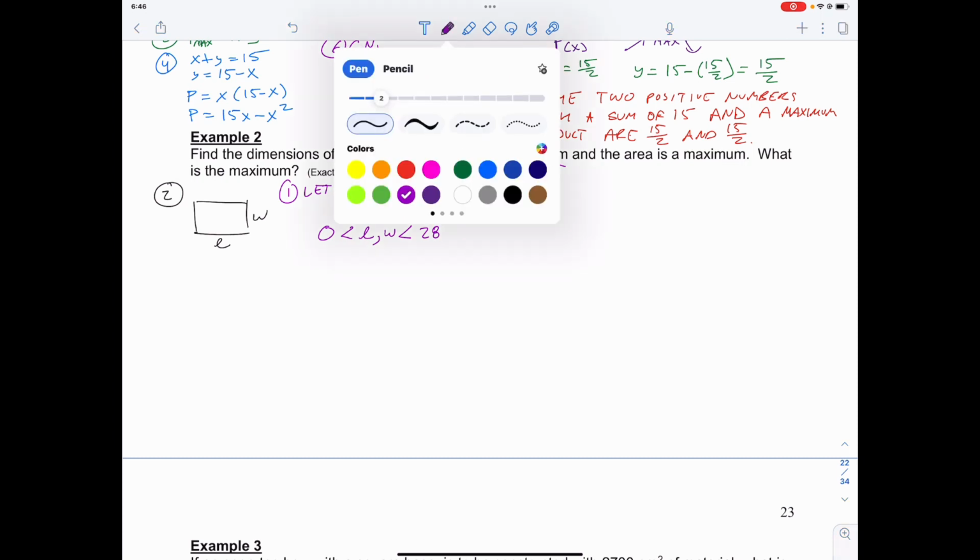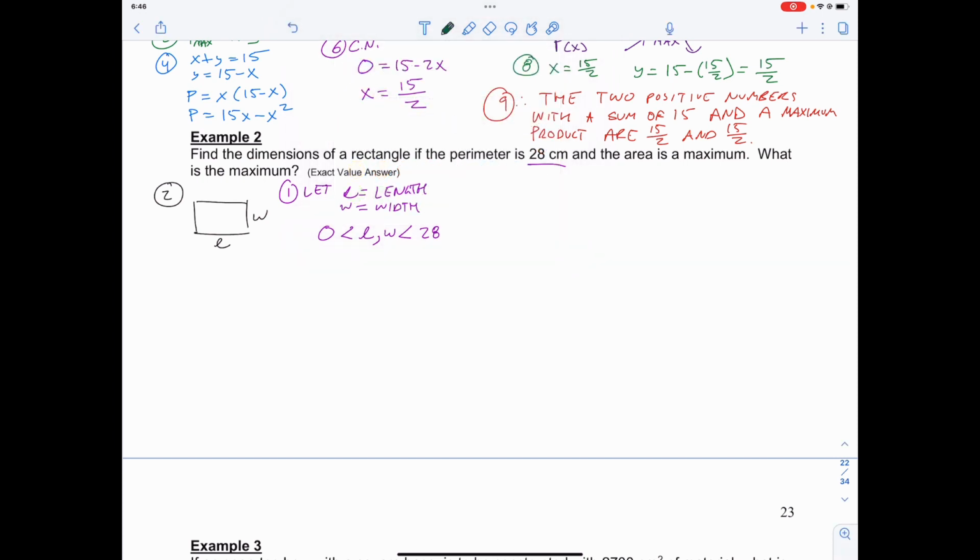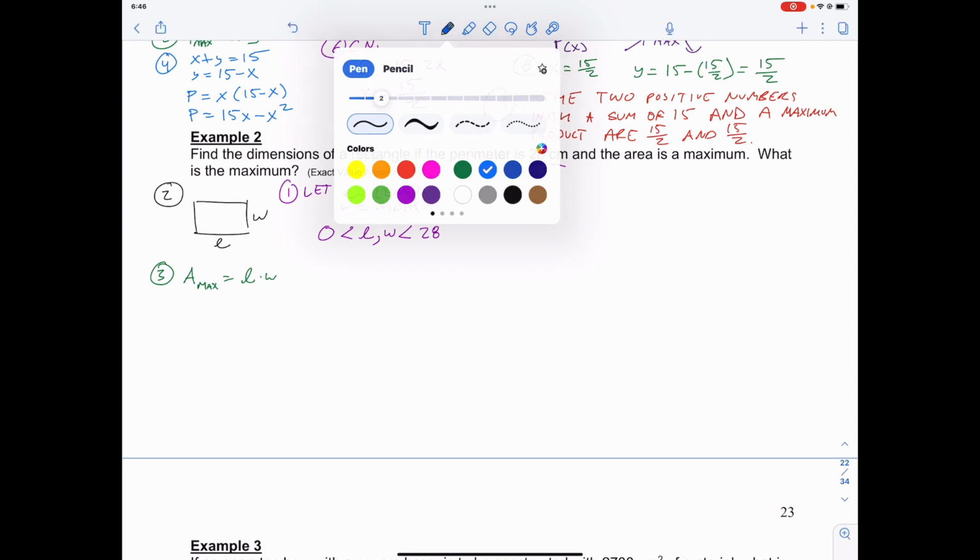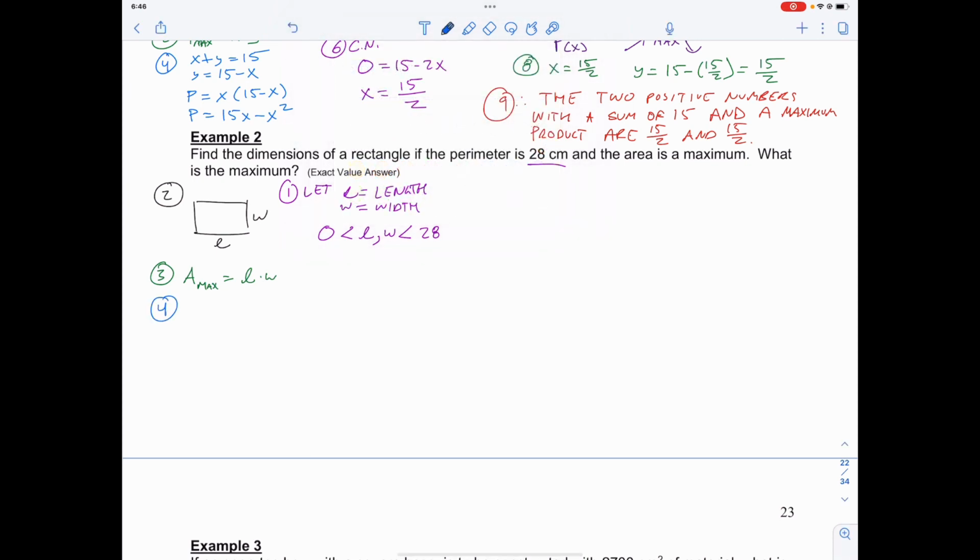Step 3, it says it wants an equation for a maximum area. Well, for maximum area, that's just going to be length times width. And for our step 4, we need to turn that into a one variable equation.